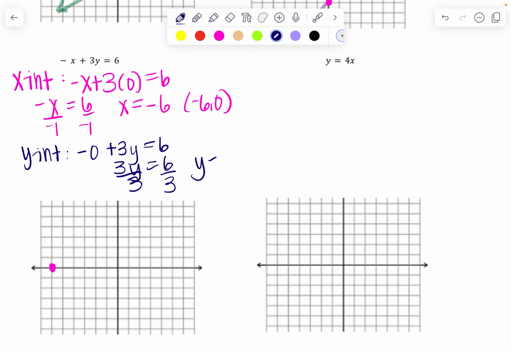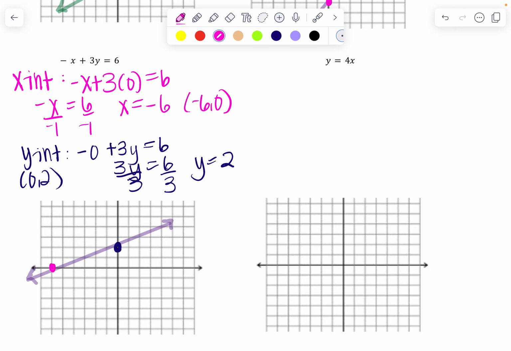Dividing by 3, we would get that y is 2. So (0, 2) for our y-intercept. And again, we'll just go ahead and connect these. Oh, let's try that again. And there is our graph of negative x plus 3y equals 6.